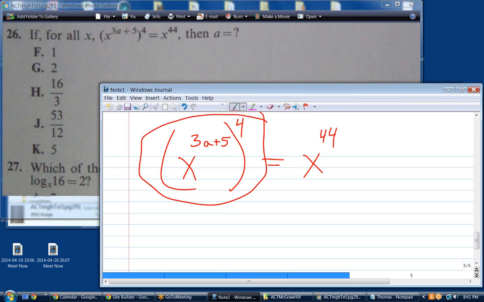If I have 2 to the 3rd power and I raise it all to the 4th power, how do I solve that? What's that equal to? Not a number, but 2 to what power? To the 12? Yes, I multiply.